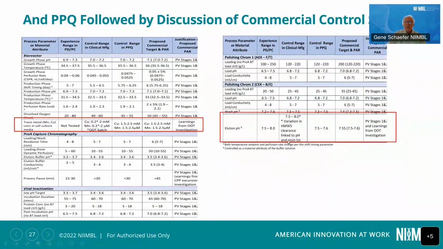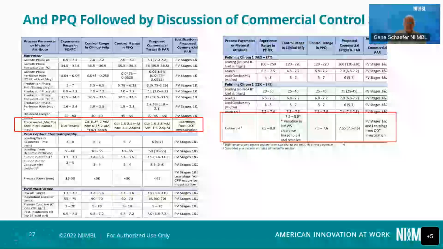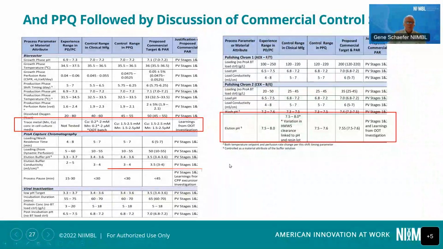Some variation that was seen in a downstream resin and variable performance over the initial pH range tested with one lot of resin, and how that impacted a tighter control in that step in the latter stages of the control strategy. So in commercial control, you had a tighter pH range.